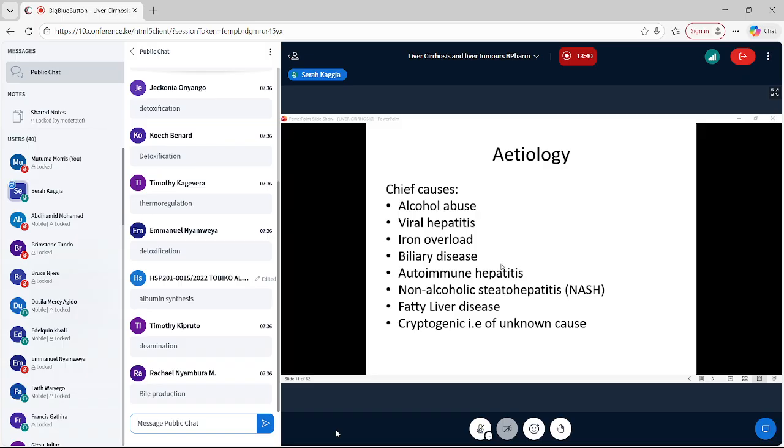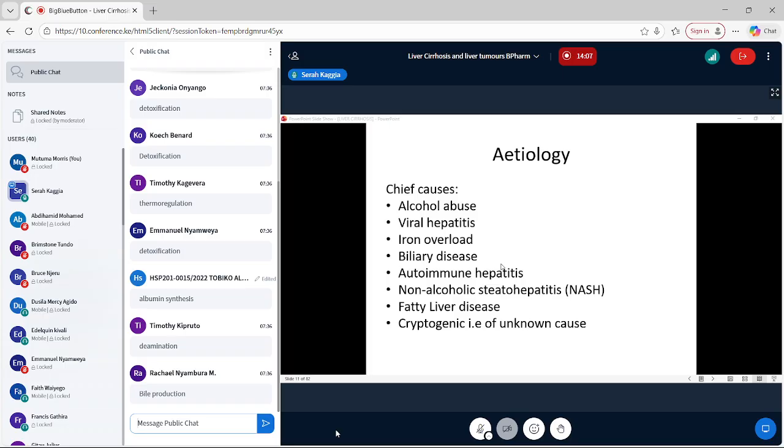You can have your hemochromatosis where you have overload of iron. You may have biliary disease. I think that's the next topic after this: the different types of biliary diseases, primary sclerosing cholangitis, there are many which can also lead to liver cirrhosis. Then you have autoimmune hepatitis that you covered on Monday. And then we can have non-alcoholic steatohepatitis.